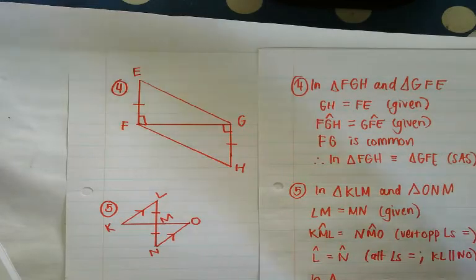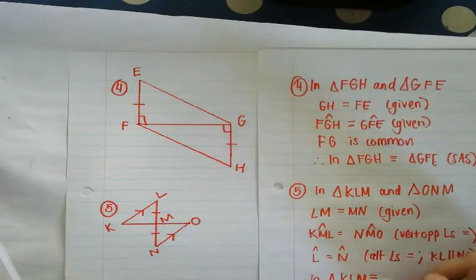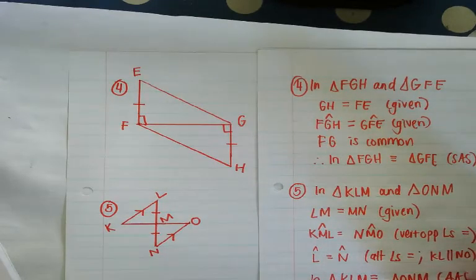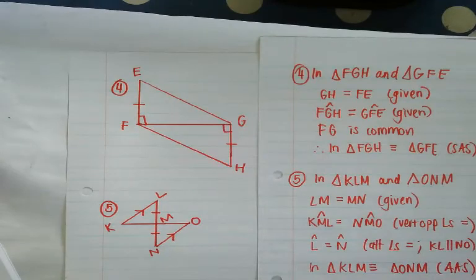But you would not do 2 alternates and vertically opposite because you cannot use angle, angle, angle. It must include a side. So therefore triangle KLM is congruent to triangle ONM, and that is 2 angles and a side. Yes, Alex.